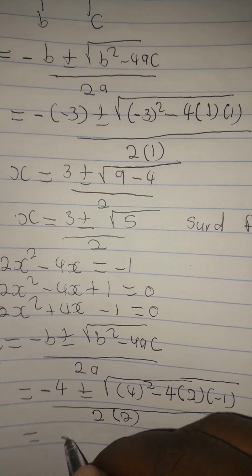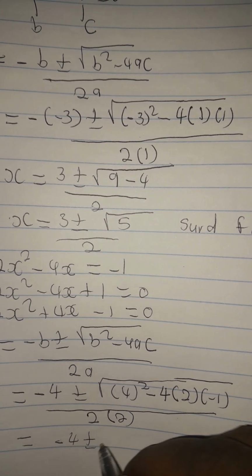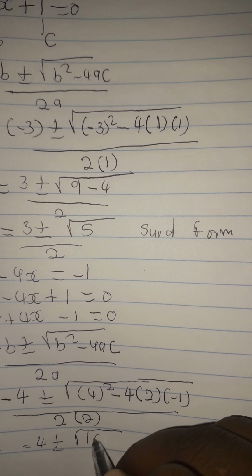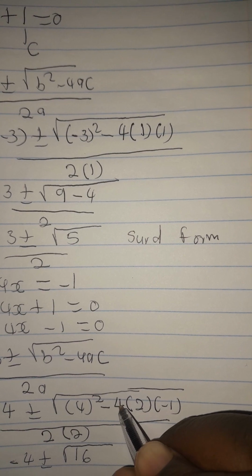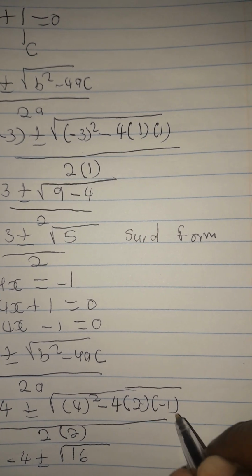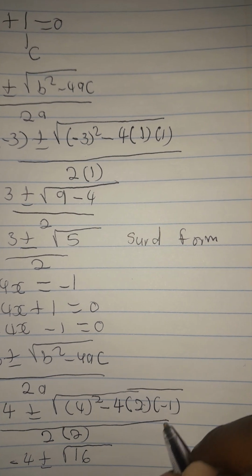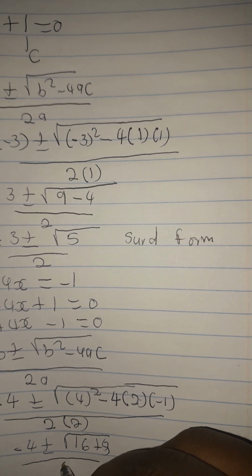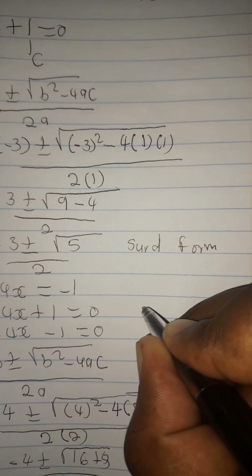Negative 4 plus or minus the root. What is 4 squared? 4 squared is 16. Negative 4 times 2 will be negative 8, times negative 1, that will be plus 8, divided by 4. Let's continue from here.